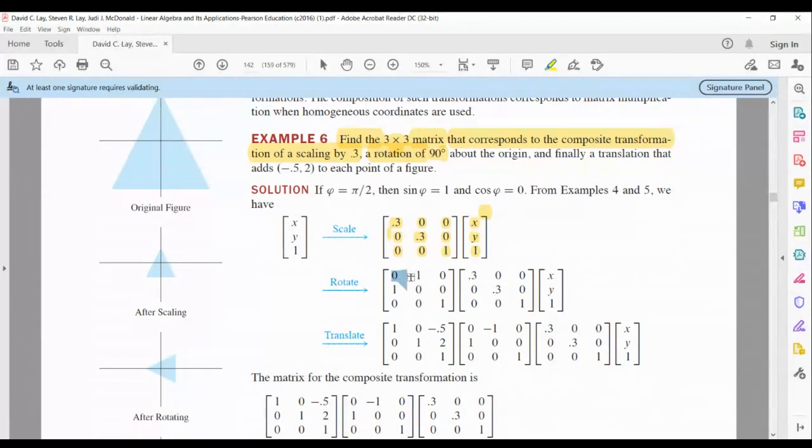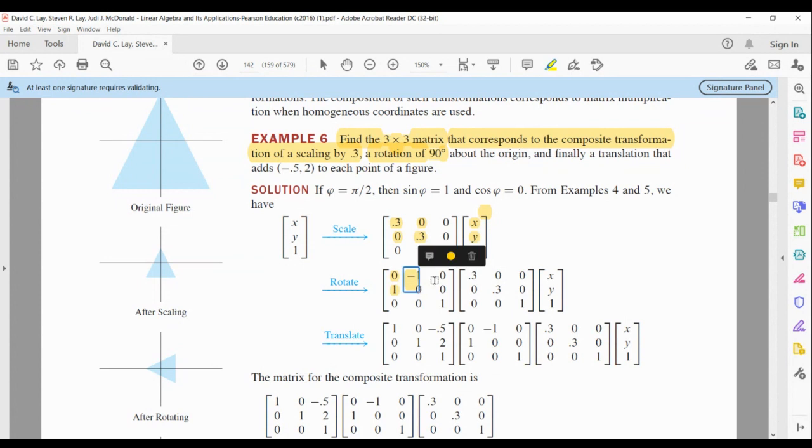Here's the rotation. Let me just do it piece by piece, class. There's your scaling. Here's your rotation.